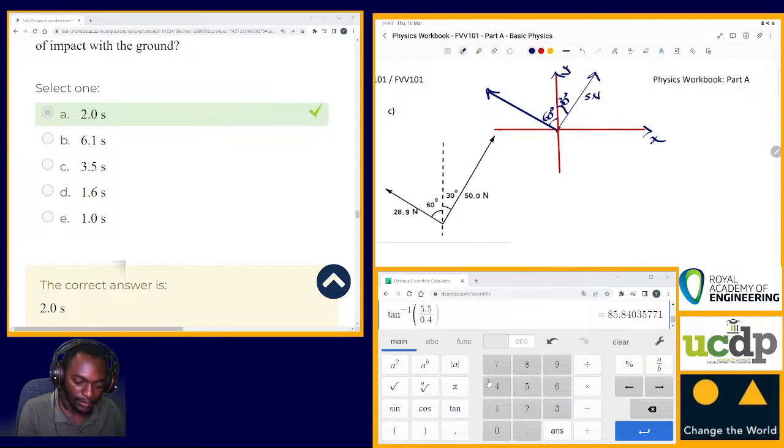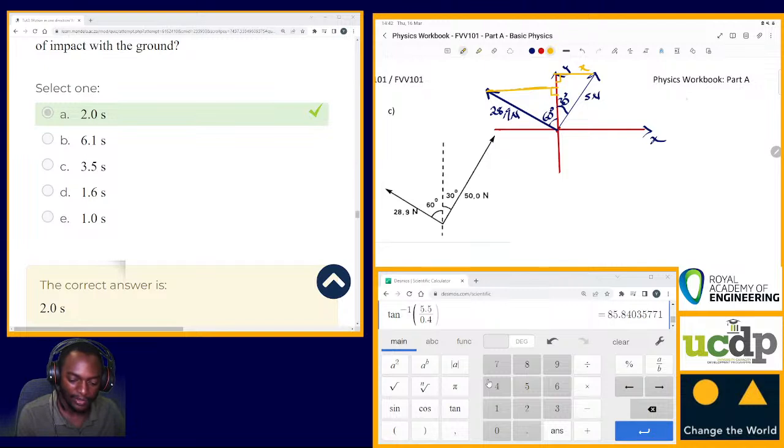This is 5 newtons, and this is 28.9 newtons. So we can close that, and we can close this one as well. That point. Form our right angle there, and we form our right angles there. Now we can find the x and the y.